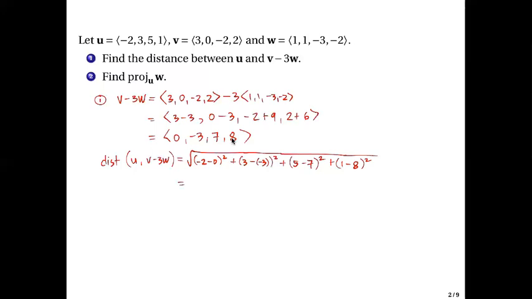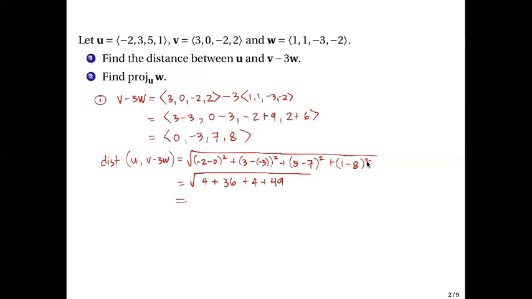So if you simplify, we have -2 squared, that's 4, plus 3 minus -3, this becomes 3 plus 3, so that's 6 squared, that's 36. Here you have 5 minus 7, that's -2 squared, so that's plus 4. And finally, here you have 1 minus 8, that's -7. If you square it, that becomes 49.